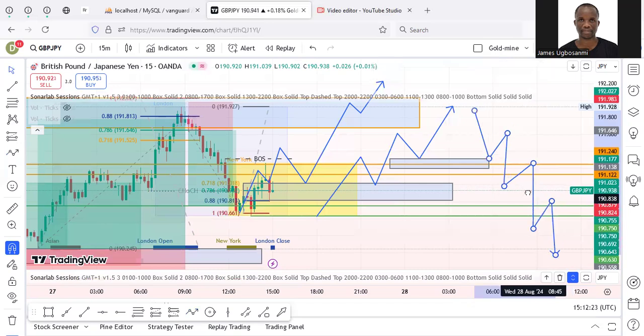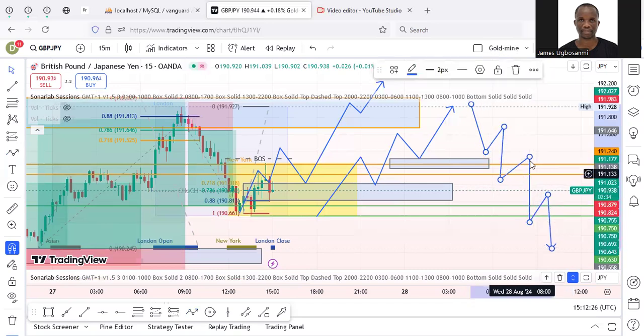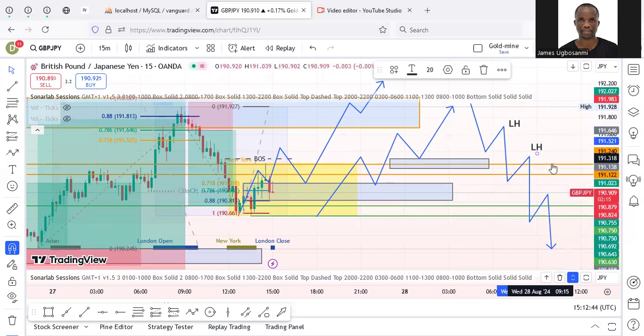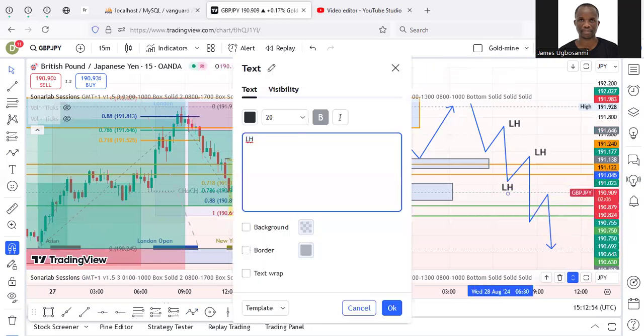Let's say we have a structure like this. Market printing lower highs, printing lower highs and lower lows.